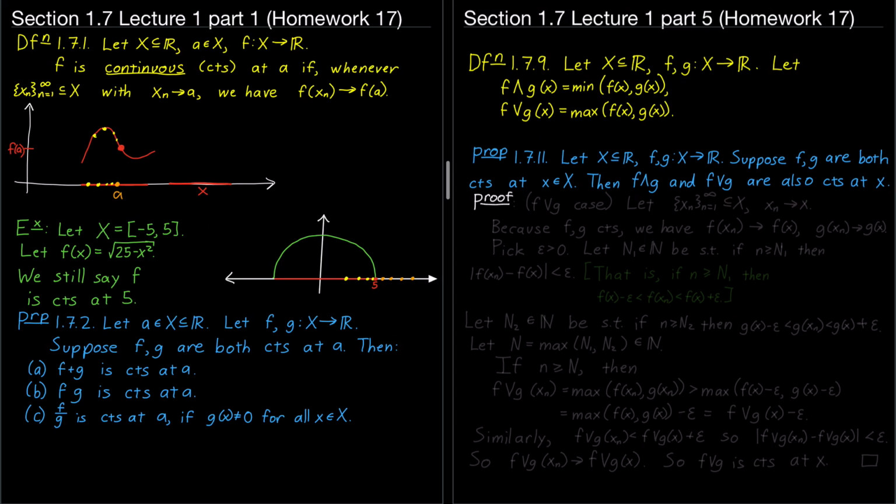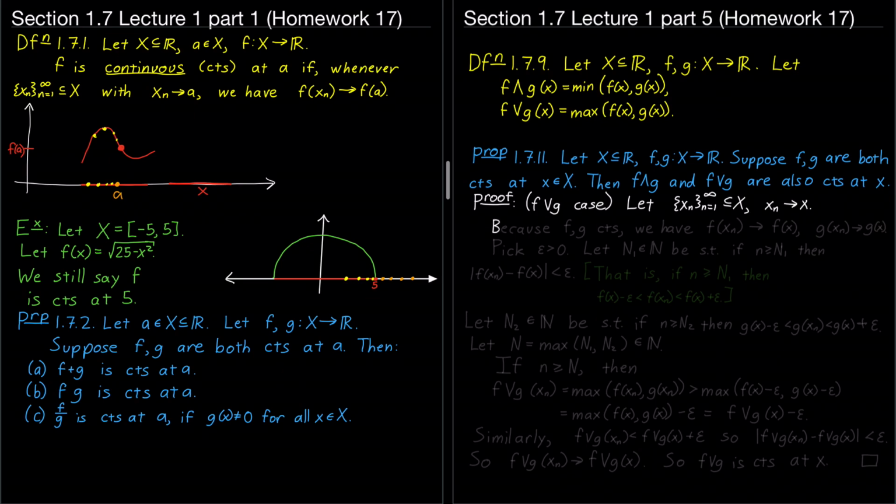I'll put up the proof just for the maximum case. And you can probably work out how to prove this for the minimum. So let's let x_n be a sequence of points in X that converge to our target point x.